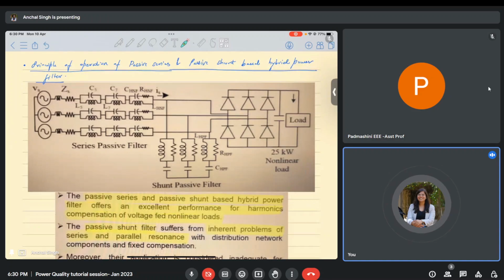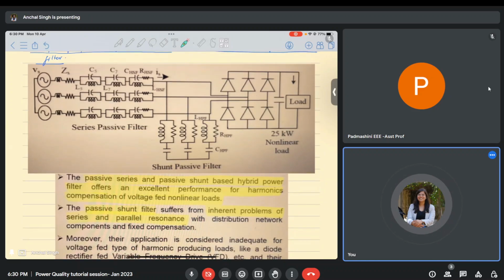So when you take this topology number one as an example of a hybrid power filter, which has both passive filters, a passive series filter and a passive shunt filter, if you look at this particular diagram, the passive series and shunt power filter together form what we call a hybrid power filter, and they take care of harmonic compensation in both voltage and current.